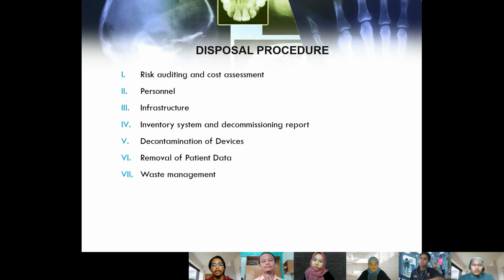Waste management means that health staff, the public and the community are healthy and minimally impacted. For better reporting, auditing and procedure, a waste management system may be implemented into the environmental management system. And the last one is the inventory system and decommissioning report.